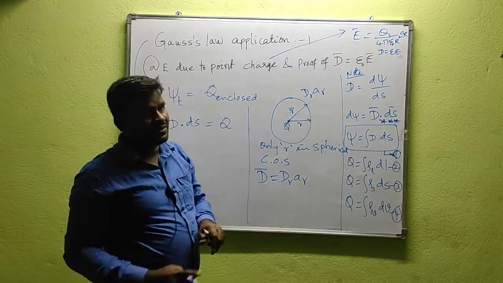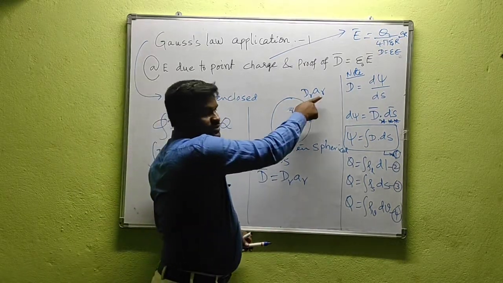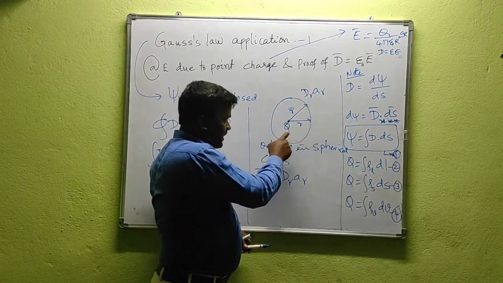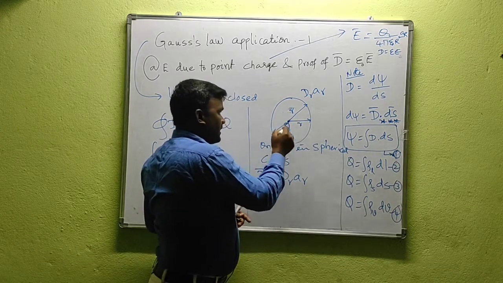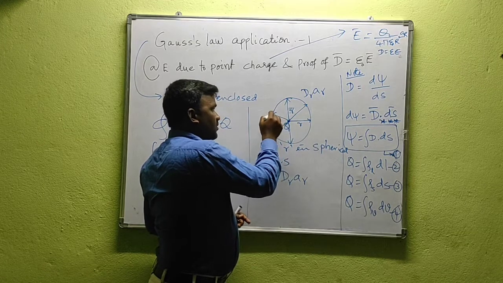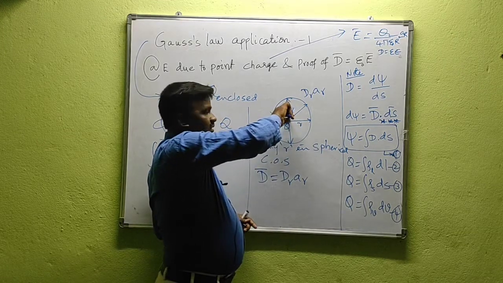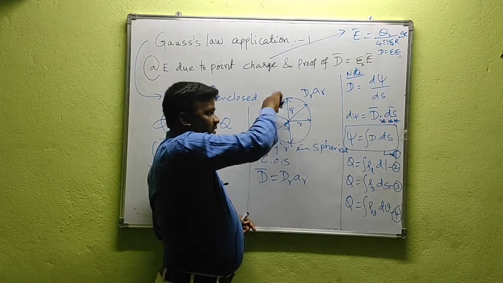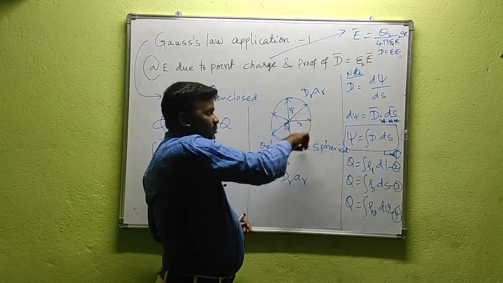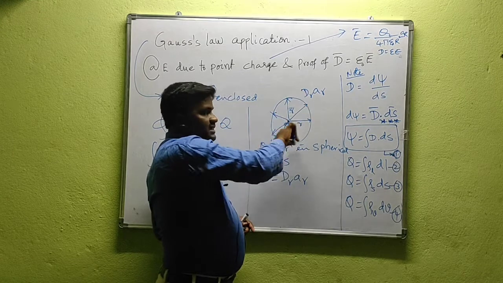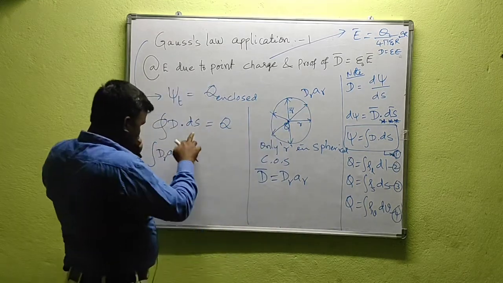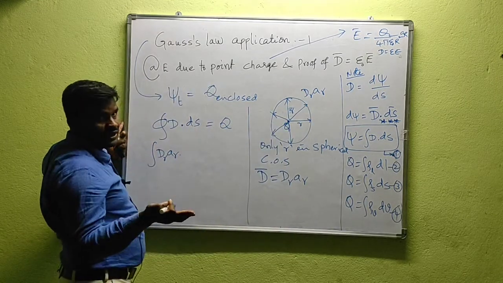You need to consider the differential surface area normal to this one. This surface area is radially outward, like this. So the surface area on this board is normal to R only. That's why you need to take this differential surface area normal to R only.